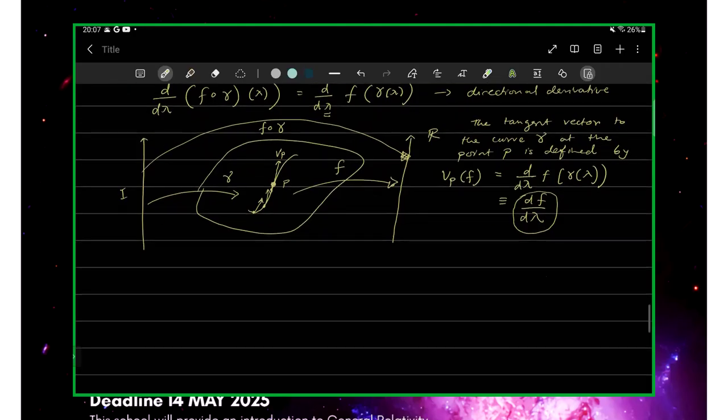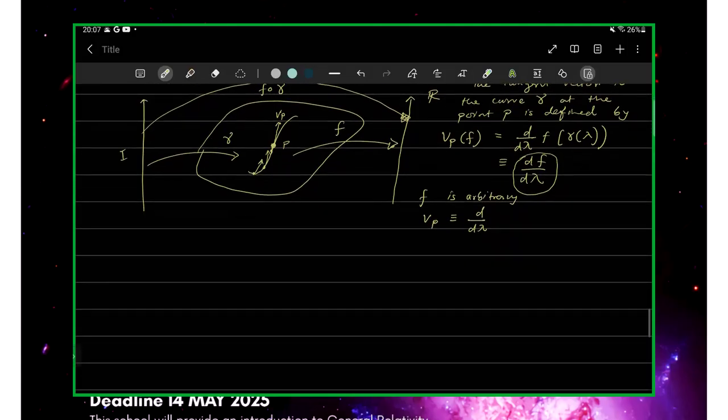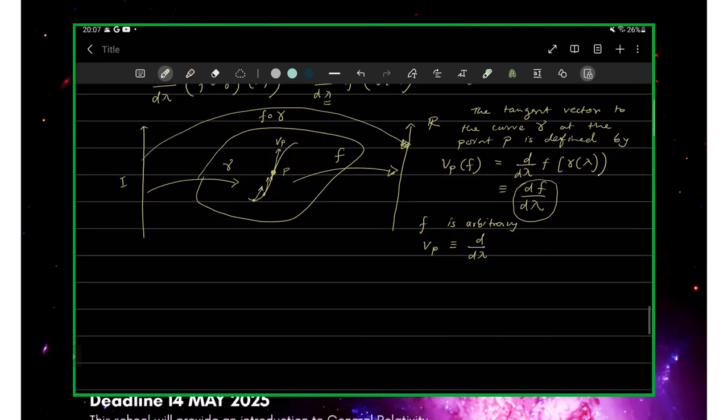And the way we define the tangent vectors is through this, where we can see that any function will satisfy this relationship. So f is arbitrary. And we can see from here that VP, we can actually define it as the operation d by d lambda. And you can think of this vector as a linear map from M to R. Now, maybe this is a little ambiguous to a lot of people.